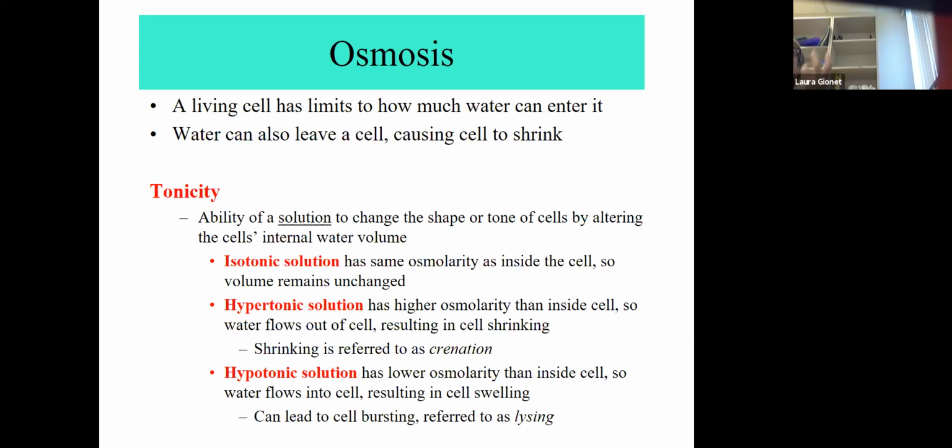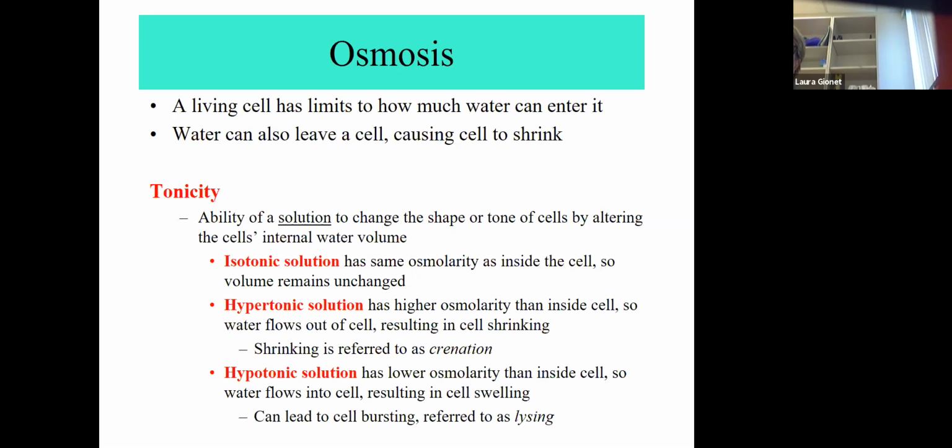It means that osmolarity inside the cell is the same as outside the cell. There's no concentration gradient of water between inside the cell and outside the cell. They're the same. So really, there's no net movement of water. It flows a little bit into and out of the cell, but it has really no effect on it whatsoever.